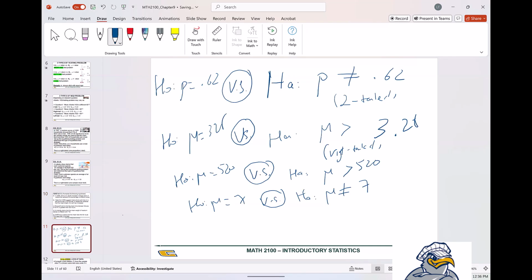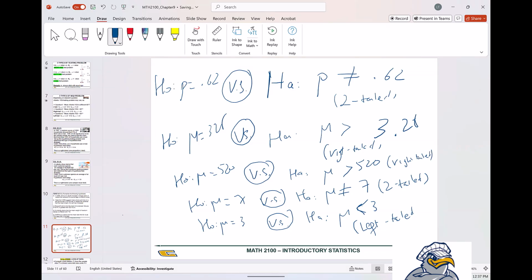Again, we talk about mean. Less than 3 minutes. H naught will be mu equals 3 minutes. And this is the left tail. Less than 3 minutes. The earlier one, greater than, is the right tail.